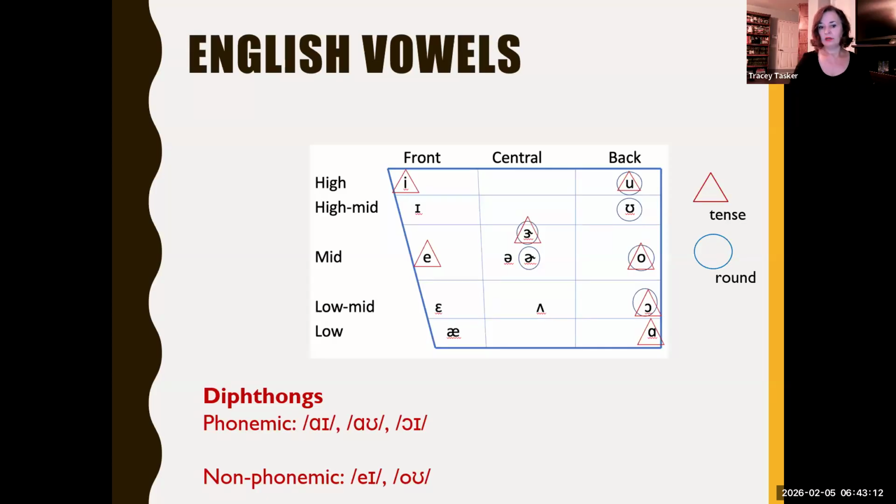So one of the things that can help you also learn it is to slowly, as I gave you an example before, slowly say the on-glide and the off-glide, and then say it as a diphthong, okay? That will help you start to really understand what the articulation change is between the two vowels that make up the diphthong.